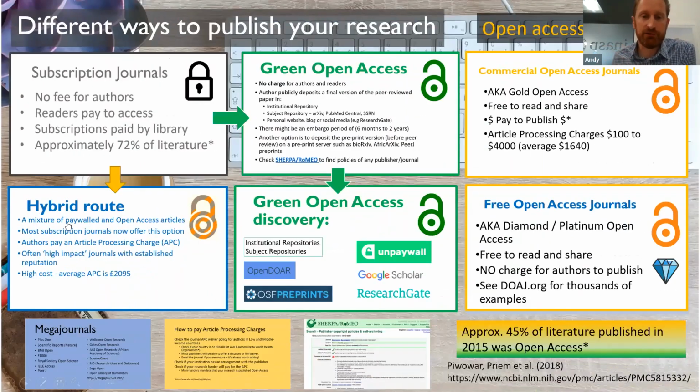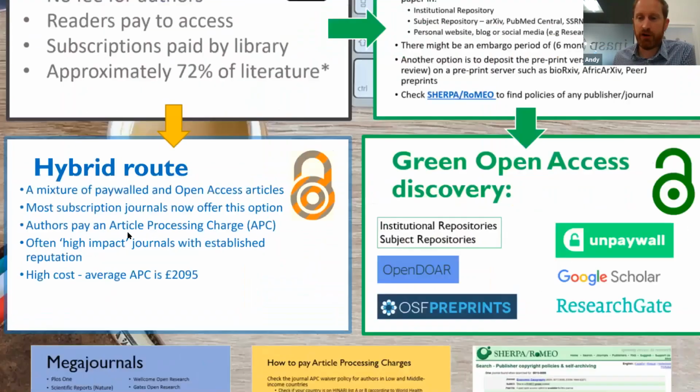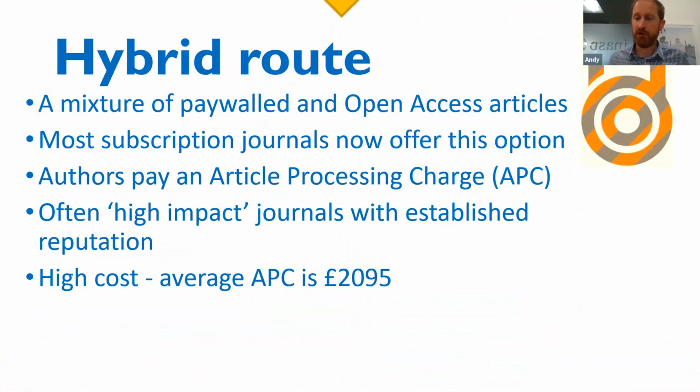And so the main two ways that were identified around this was something called the hybrid route. So a lot of the commercial publishers that own these existing journals have provided a way for the authors to make those individual articles open access.